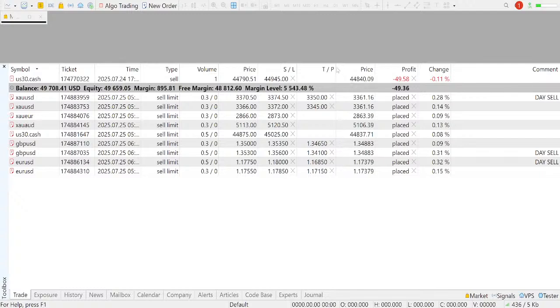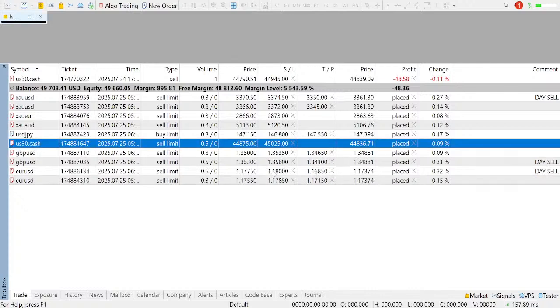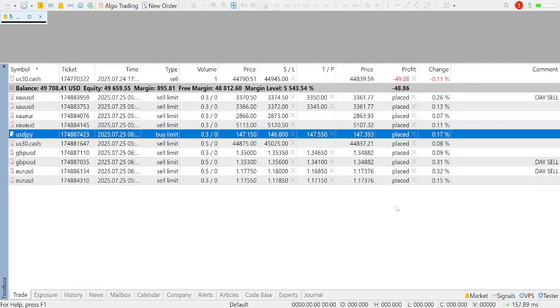One is a scalping entry, which is we are planning to go for a buy at 47.15, stop 46.80, and TP 47.55, and the order expiry is another 5 hours for this trade. So this is the trade we have given.